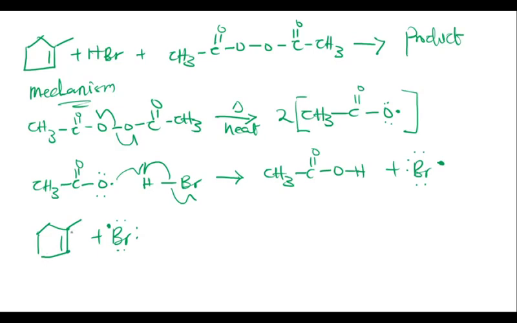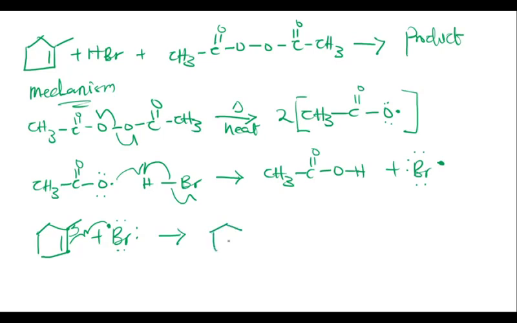So this is our most substituted carbon, which means when this double bond breaks, and one of the electrons reacts with this radical, the bromine will be attached to the less substituted one over here, and then the second electron over here will be brought to this carbon, which is the most substituted one.